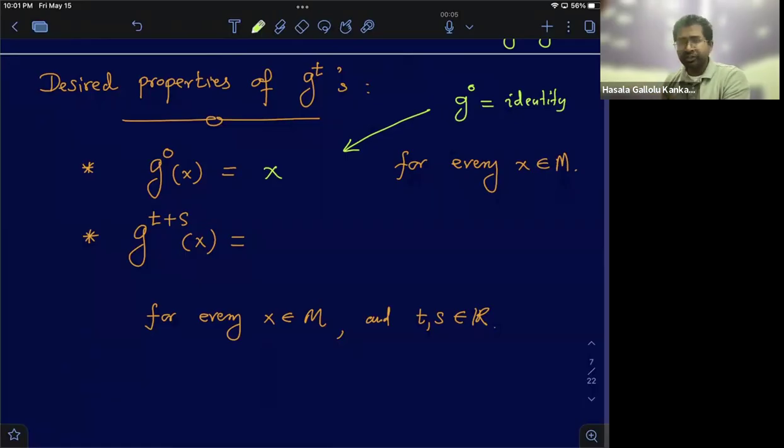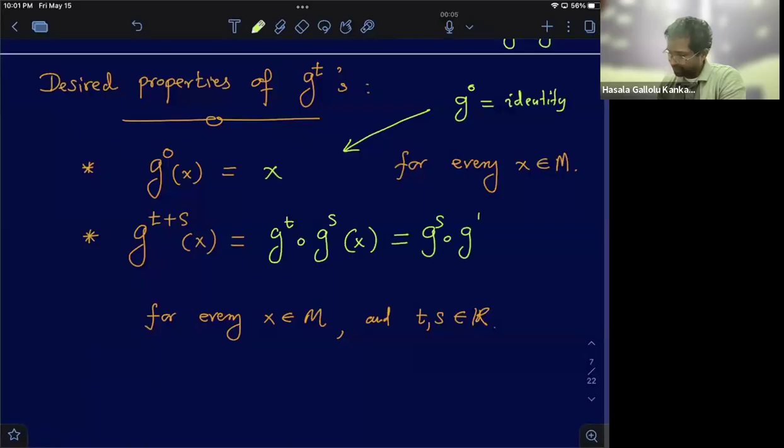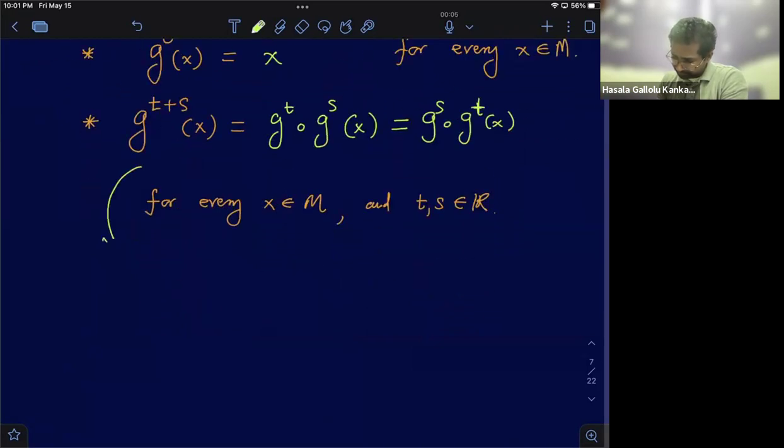And then the second condition is exactly what all the forms that we had. This is going to be G_T compose G_S of x, same as G_S compose G_T of x. Or by omitting this x all along, you can say it's going to be just exactly a property of the functions, right? So in simple words, you're going to see this one.